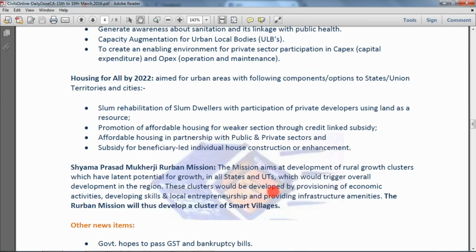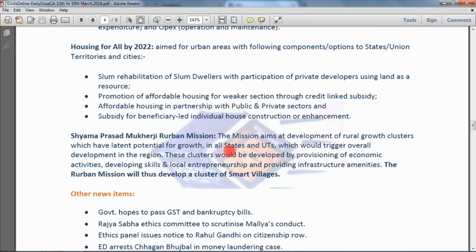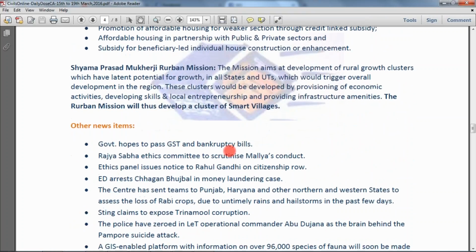So these clusters would be developed by provisioning of economic activities, developing skills and local entrepreneurship, and providing infrastructure amenities. Thus, this urban mission provides urban facilities in rural areas and develops a cluster of smart villages. So this is about a smart cities program by the government of India.